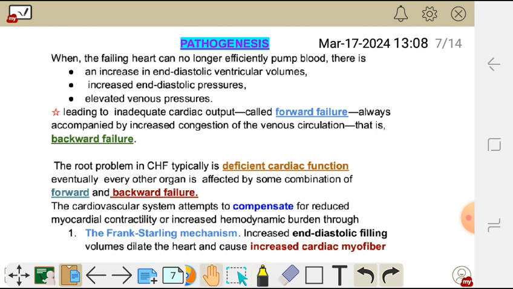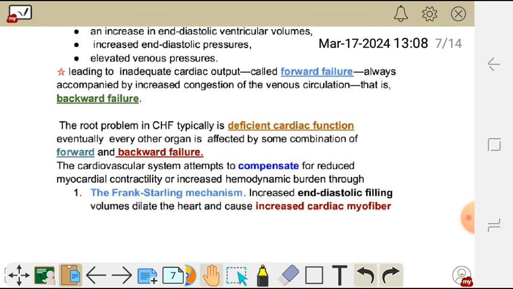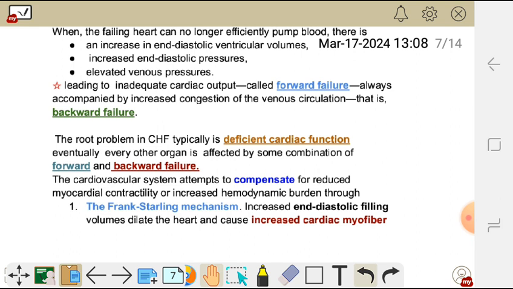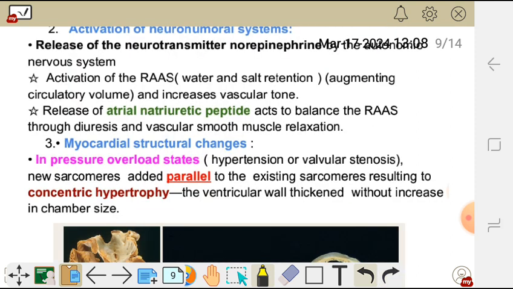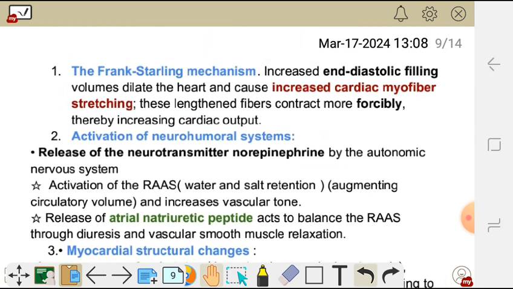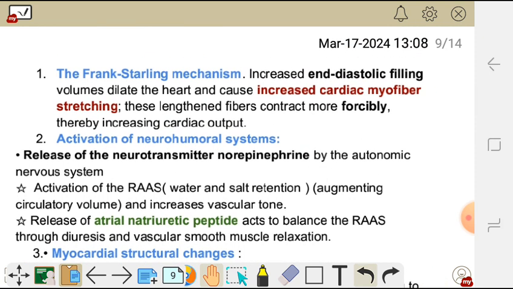Since we have this problem here, the heart will try to compensate. It will try to sort out the problem, to correct the problem. Some of the compensation mechanisms brought about in heart failure, one of them is what we call the Frank-Starling mechanism. What happens in the Frank-Starling mechanism is that we have increased end diastolic filling.